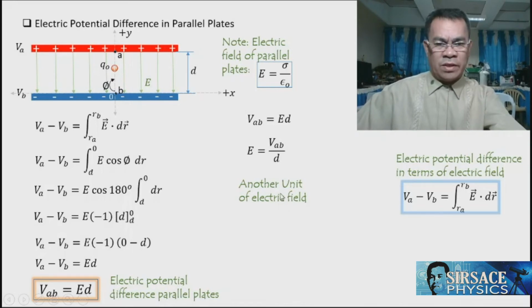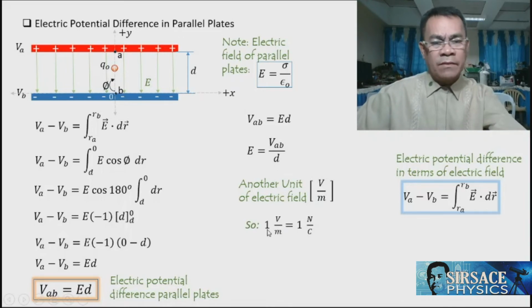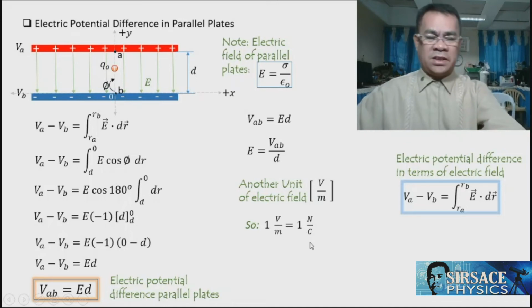Using the formula, this is volt per meter. So volt per meter is the unit of electric field. In other words, 1 volt per meter is equivalent to 1 Newton per coulomb. So you can use volt per meter or Newton per coulomb because they are equal. This is SI.